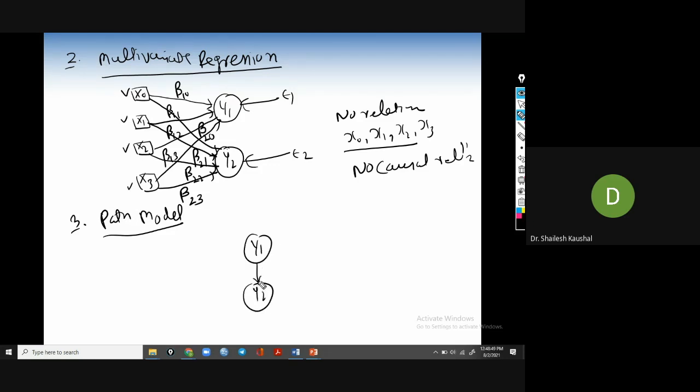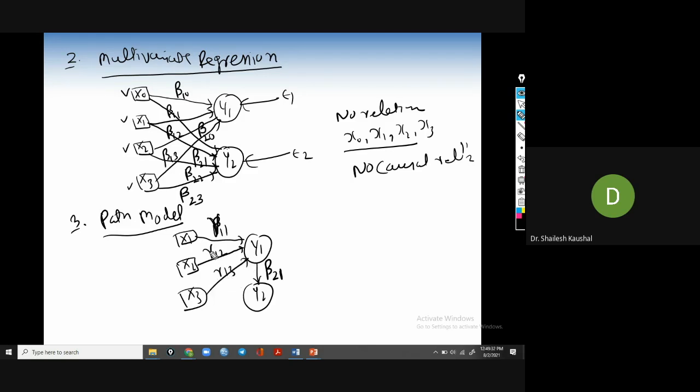Now y2 depends on y1, so beta 2 1, because y1 is affecting y2. And I am taking here simply three variables, x1, x2 and x3. So x1 affecting y1, I'm using another term, gamma 1 1. I'm using the term gamma instead of beta. And gamma 1 2 and gamma 1 3.